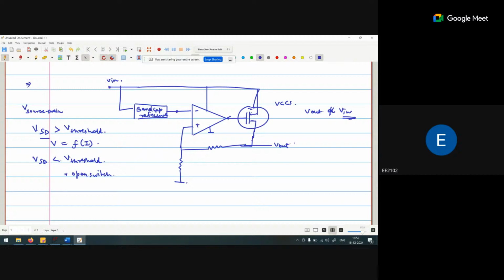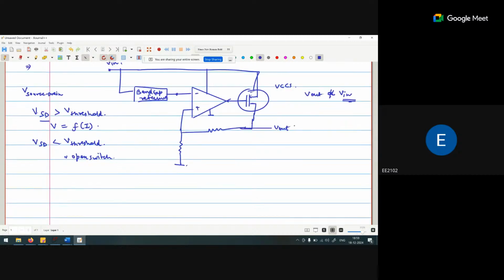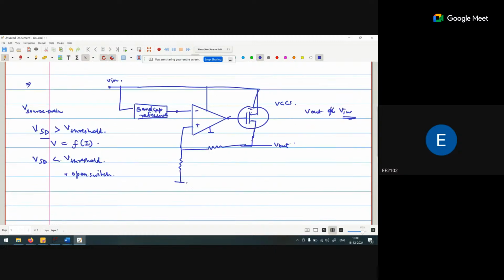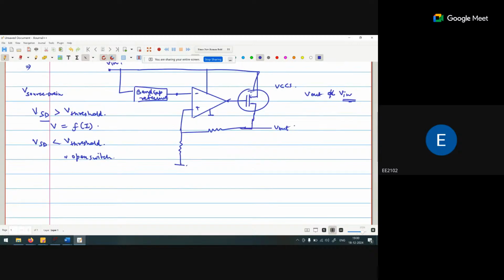Now this voltage is the function of current and it behaves as an open switch.